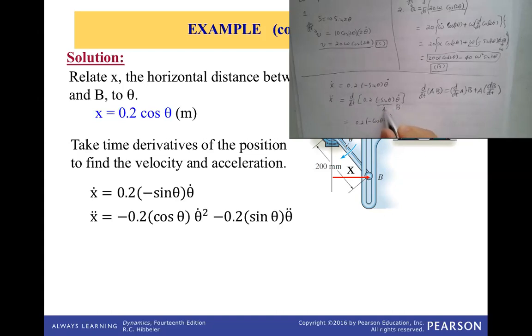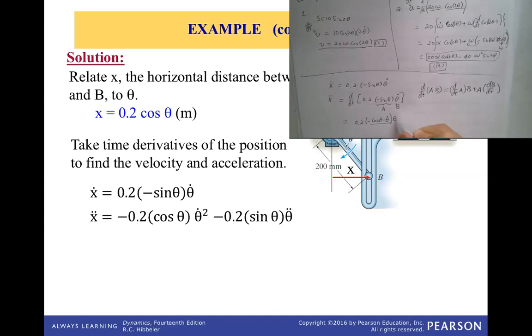So this is A. When you are doing dA over dt, this is what it gives. This comes from dA dt. Now for B remaining, you just copy the B down. Plus 0.2 with A unchanged, but you are doing the time derivative of B, so theta dot becomes theta dot dot.